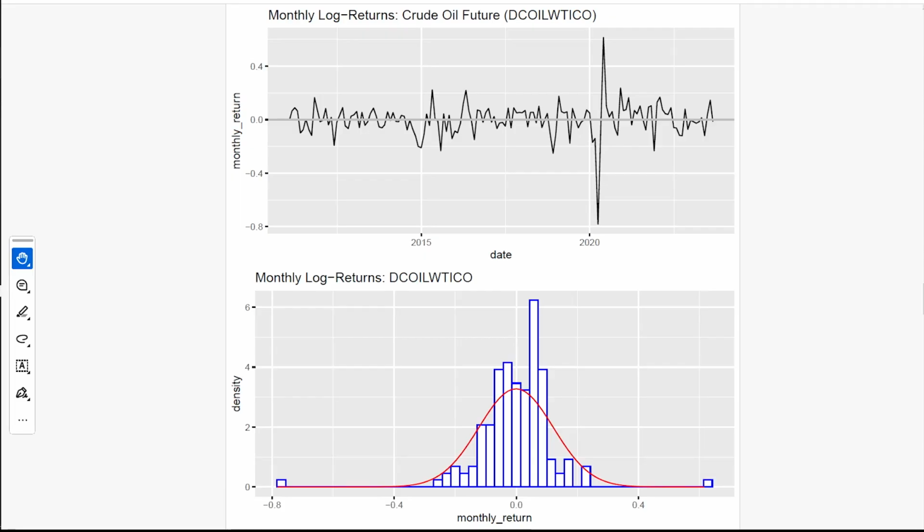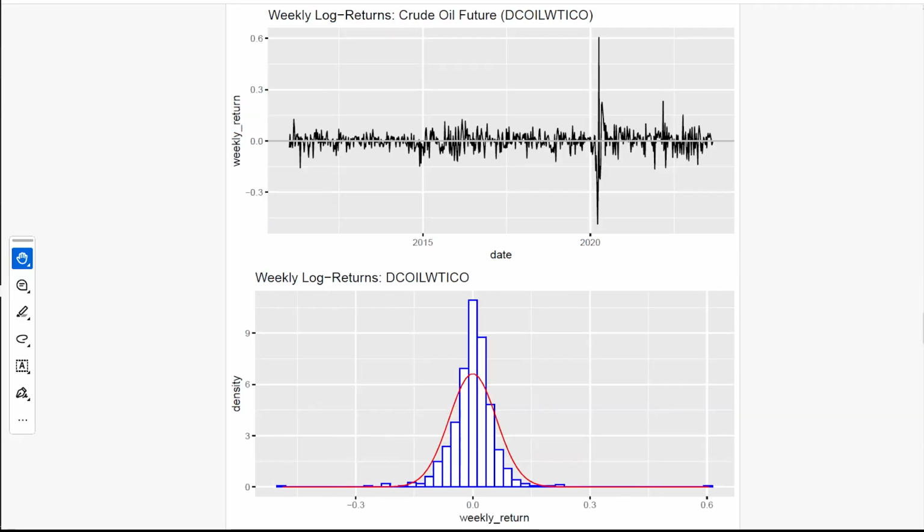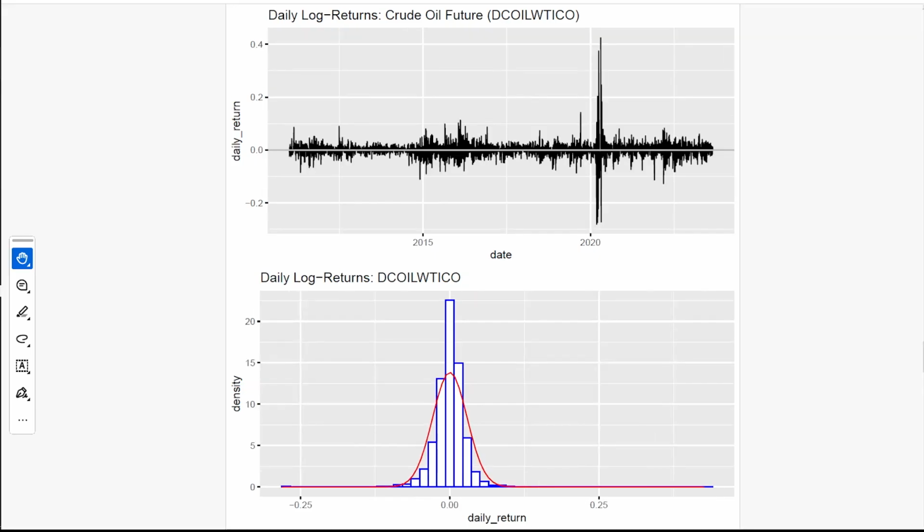And looking at this, here's the monthly log returns. So this is excluding the negative price periods. On a monthly basis, on a weekly basis, and on a daily basis.